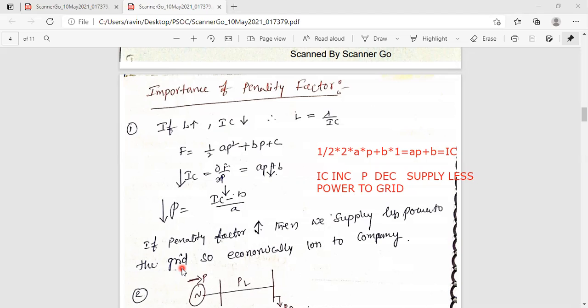It should stand between the power generation and the consumer. If you are generating less power, it cannot be sufficient to withstand the load demand of the consumer side, right? So our duty is to maintain the penalty factor so that it is not increasing, and it should be in the range of 0 to 1.